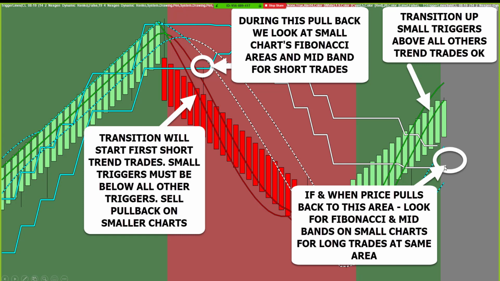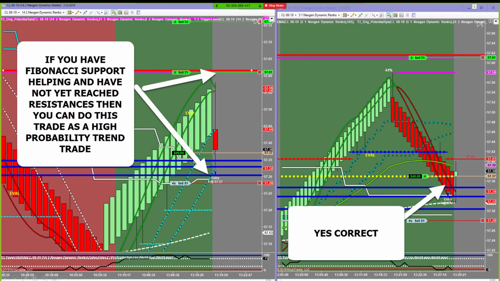If we get a pullback to the right spot, we're going to do a trade. Period. So very simple. And what we're going to end up looking for, and again, this is a very, very typical look. I want to show you this both ways, because it's easy to show everybody a bunch of winners and they go, wow, whatever.